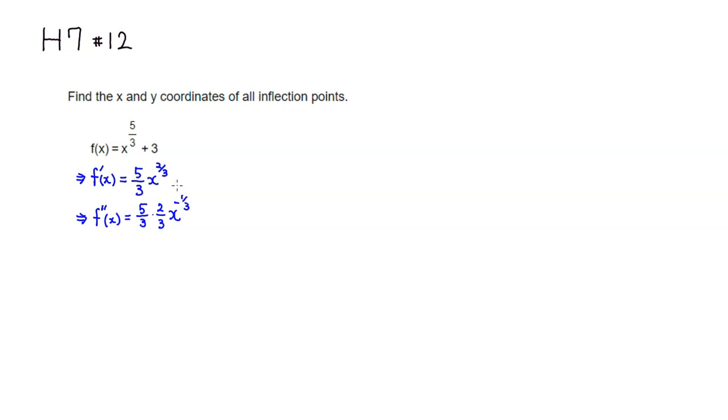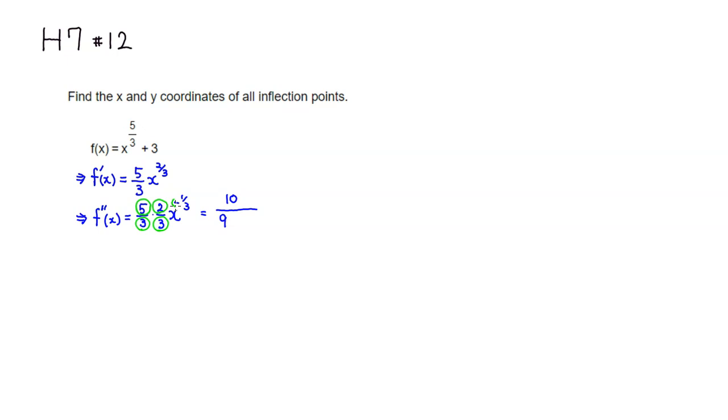If you clean this up, 5 times 2 on top, so that's 10. That takes care of 5 and 2. And 3 and 3, so 3 times 3 is 9, so that's going to be 9 here.